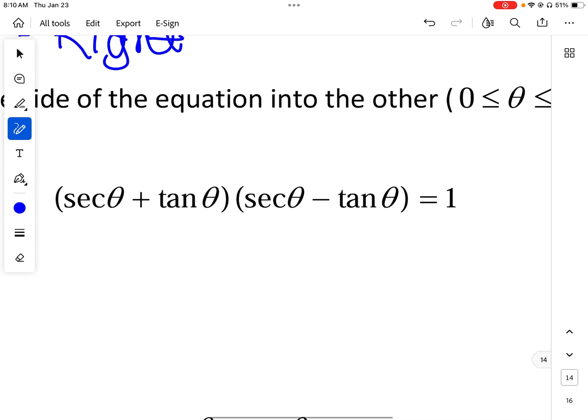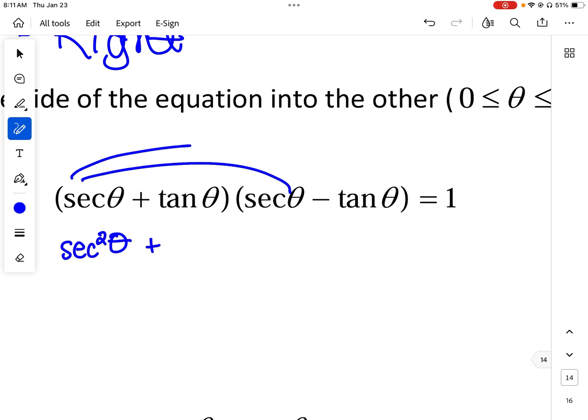All right, let's look at the next one. Secant theta plus tan theta, and then times secant theta minus tan theta equals 1. All right, we have to do multiplying binomials. So let's go ahead and multiply. Secant squared theta is that, plus secant theta tan theta.